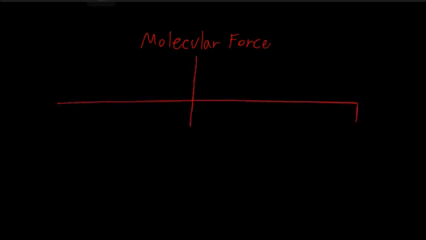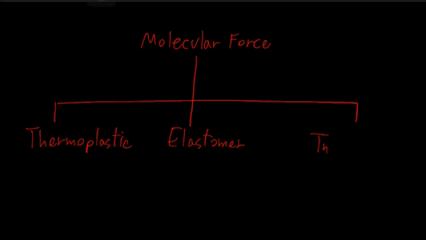In conclusion, for the classification by the molecular force, we can divide the types of polymer into three major parts. They are thermoplastic, elastomeric, and thermosetting.